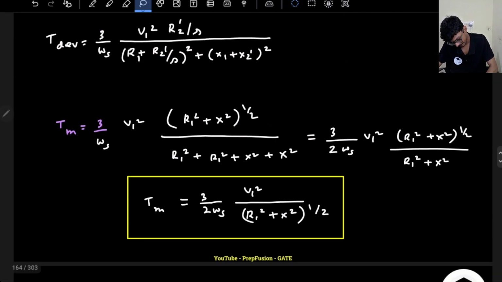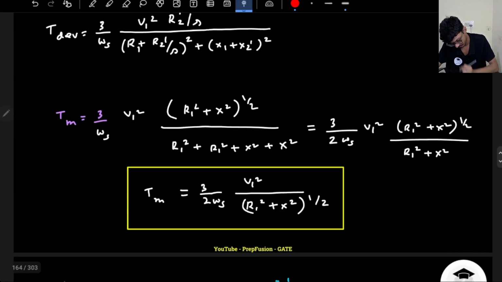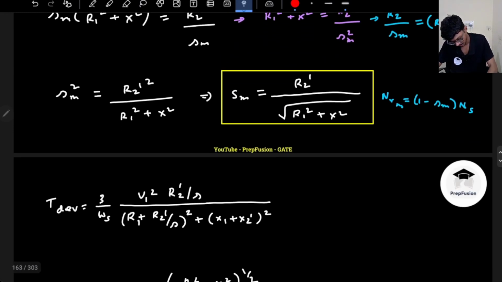So what is the maximum torque in terms of slip? I know this expression: R1 plus X2 whole square is R2 divided by Sm whole square, so this is whole under root. This is R2 divided by Sm.